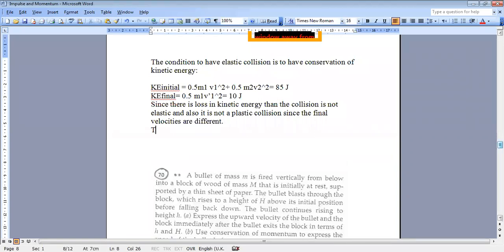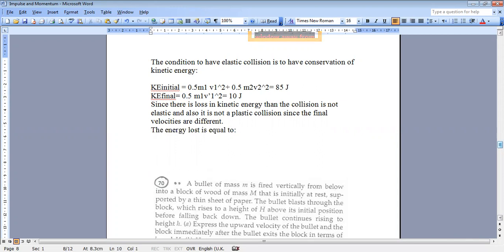So the energy lost is equal to the kinetic energy initial minus the kinetic energy final, which is equal to 85 minus 10 equals 75 joules. That's it.